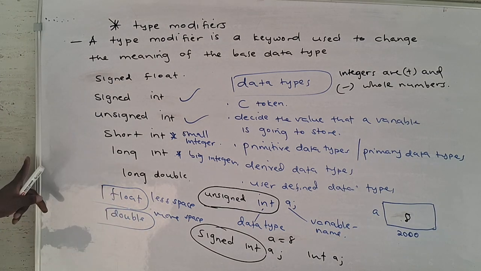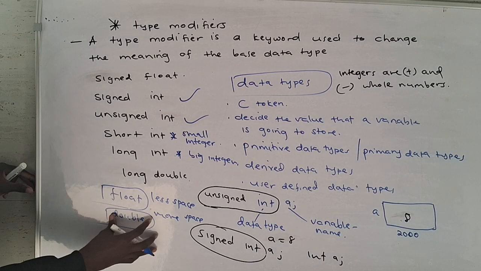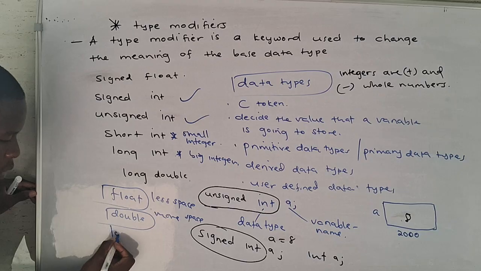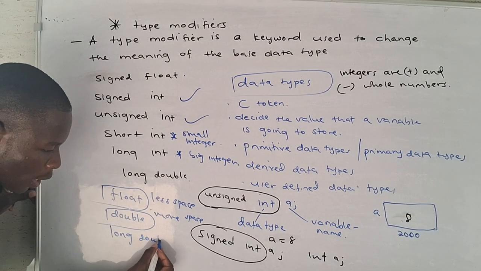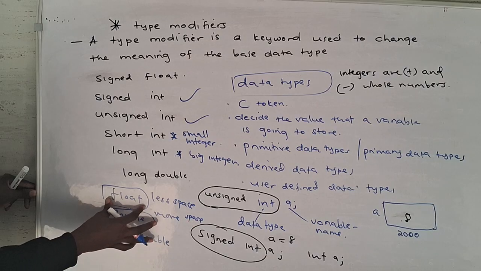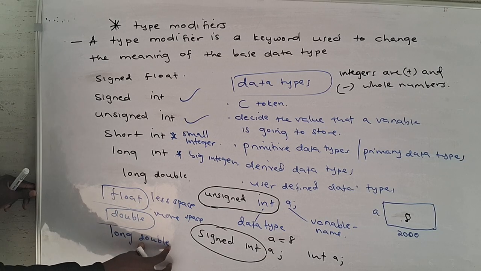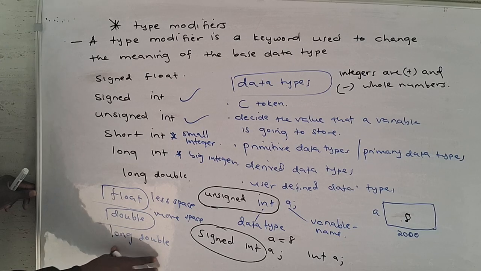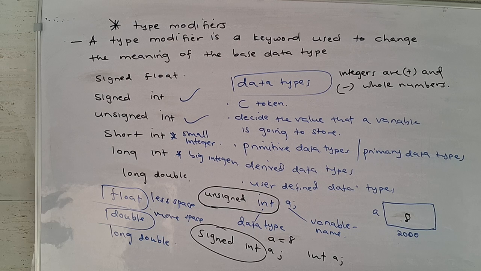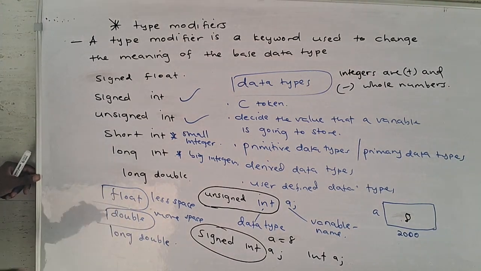Double is another type of float, but it requires more space. Then we have long double, which takes more space as compared to double.